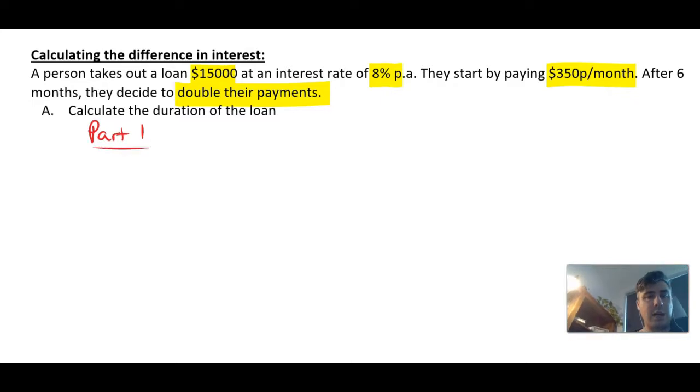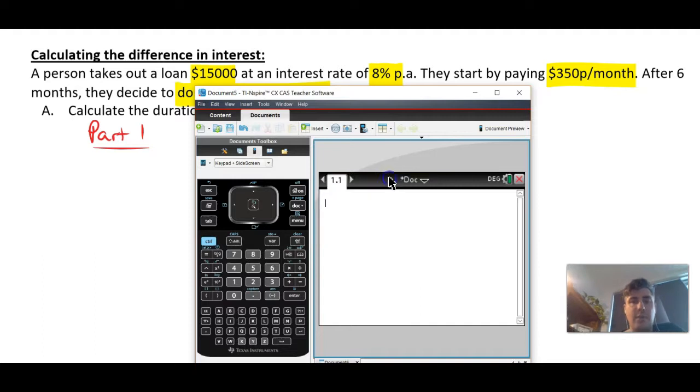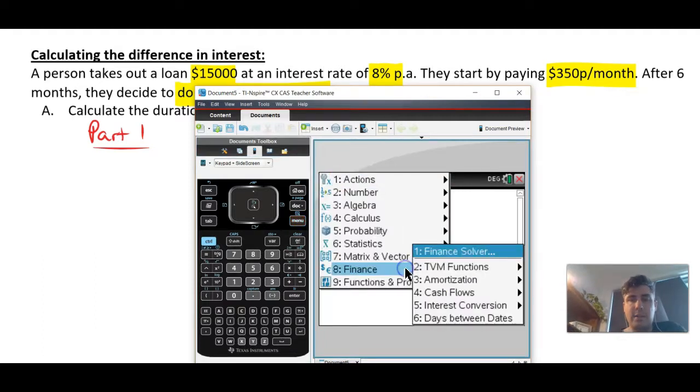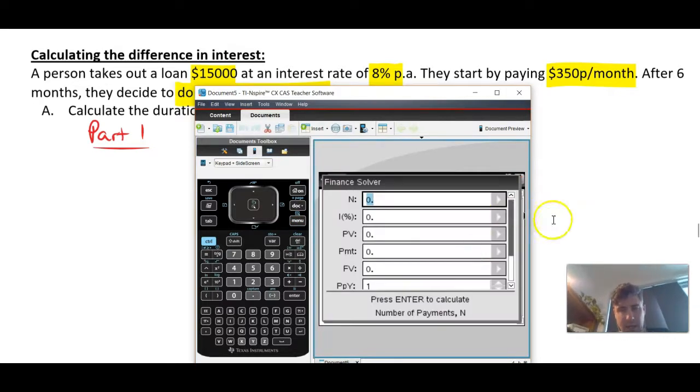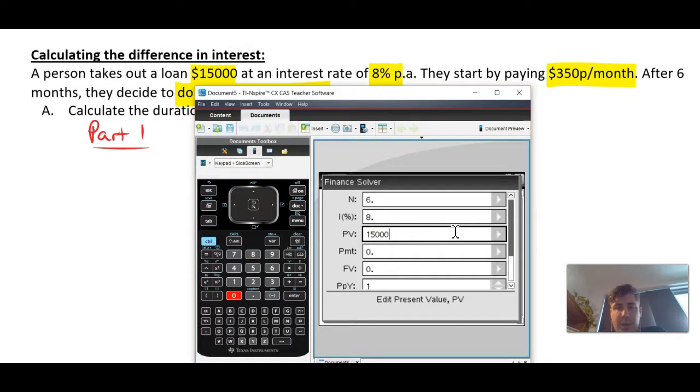We need to work out exactly what amount was owing at the end of part 1. So if we open up our finance solver and we put 6 as our time value there, 8%, the principal value was 15,000 and the payment amount is 350. That's going to be negative.